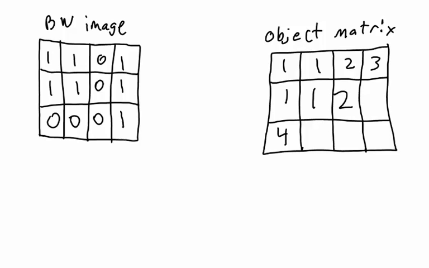So we're going to look at this group of 4 pixels, there and there. Rule number 1 says that if the BW value here is the same as here, then the label should be the same.